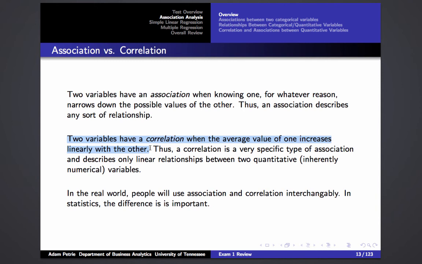For two variables to be correlated, they both have to be quantitative, inherently numerical, and in a scatter plot the relationship between them needs to be linear. So be aware of the difference: correlation is just a specific type of association that describes a linear relationship between two quantitative variables.